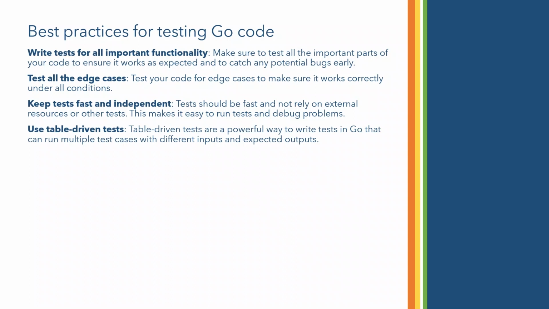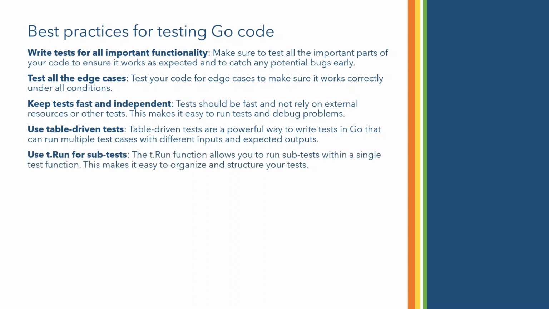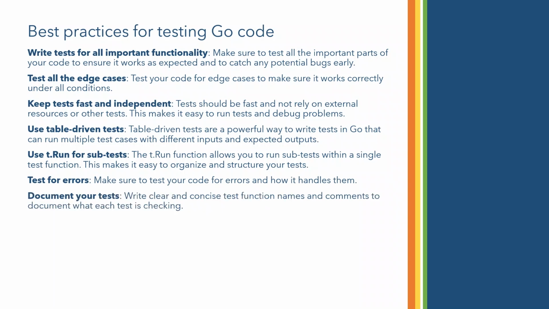Use table-driven tests. Table-driven tests are a powerful way to write tests in Go that can run multiple test cases with different inputs and expected outputs. Use t.Run for subtests. The t.Run function allows you to run subtests within a single test function. This makes it easy to organize and structure your tests. Test for errors. Make sure to test your code for errors and how it handles them.